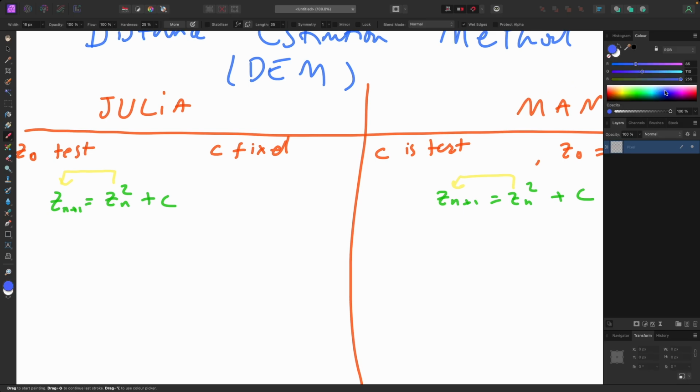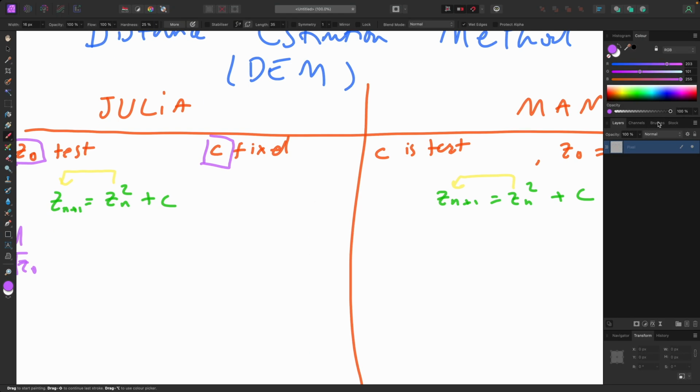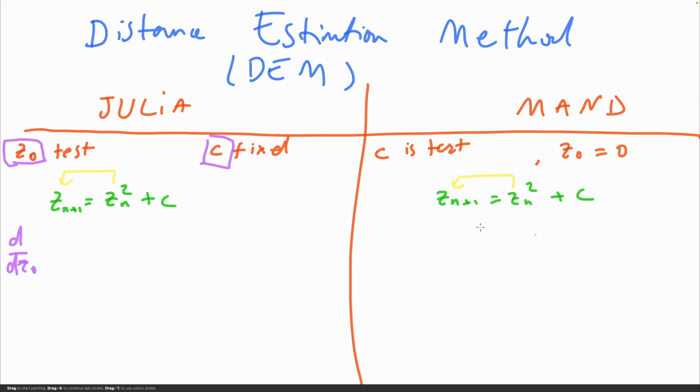Let me pick a different colour. So what are we differentiating with respect to? With the Julia set, it's Z0 that varies, and C is fixed. So we're differentiating with respect to Z0. Let me pick a slightly thinner brush just to write more detail.